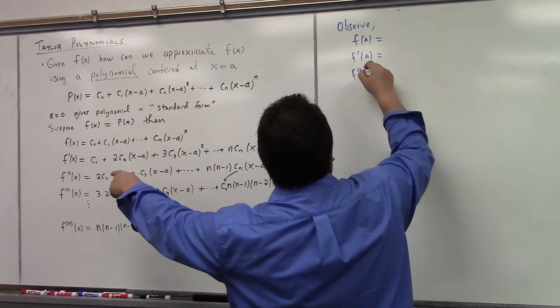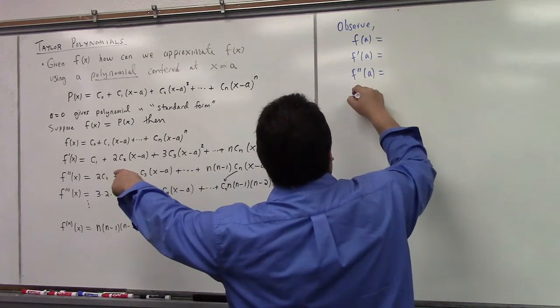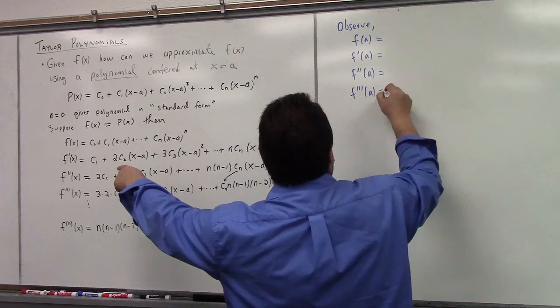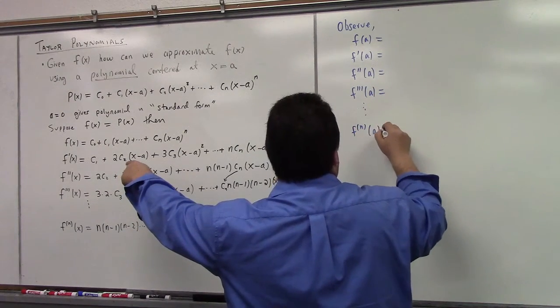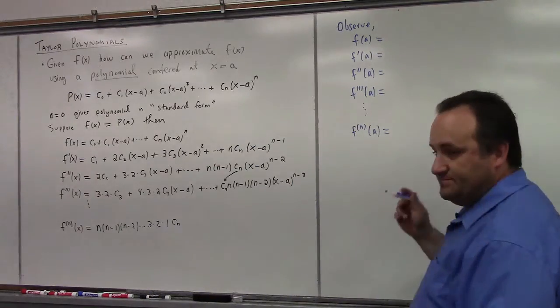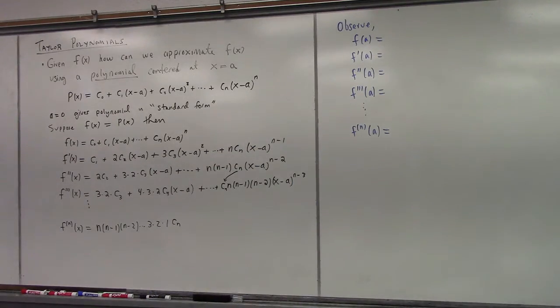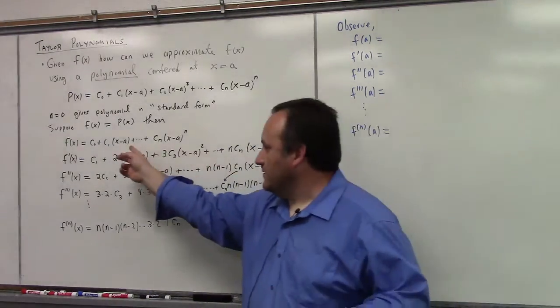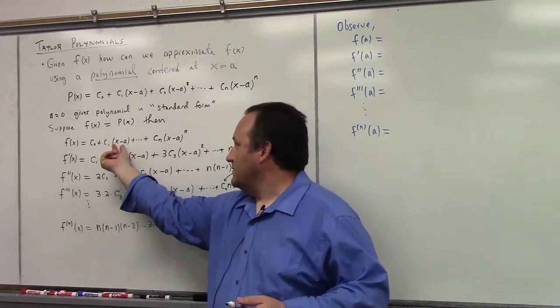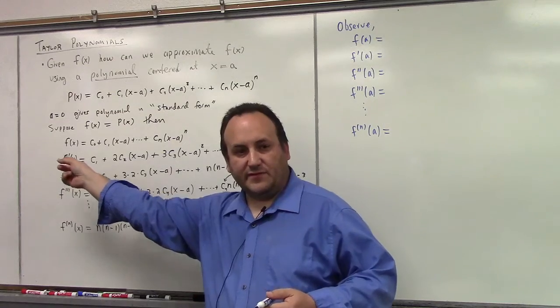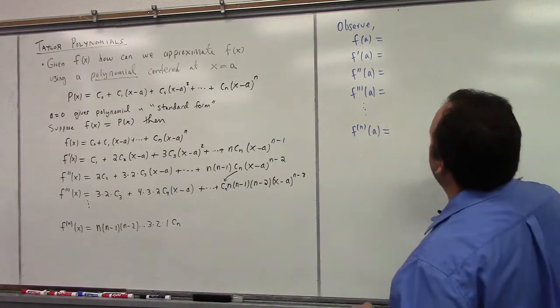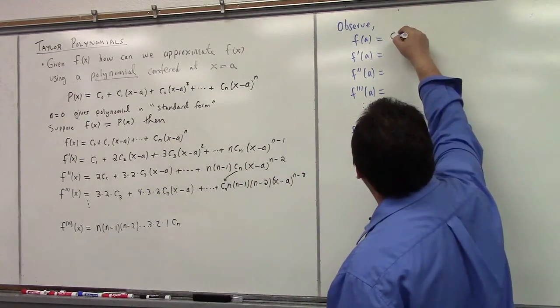What's f prime prime of a equal to? What's f prime prime prime of a equal to? And so forth and so on down the line. What's the nth derivative evaluated at a equal to? So see what happens when we plug in a into here? We get 0 all the way on out. Everything except for the first term is 0. So we just have that f of a is c0.